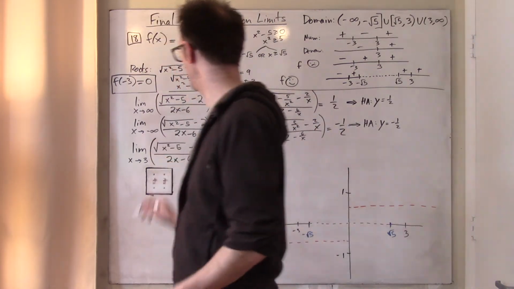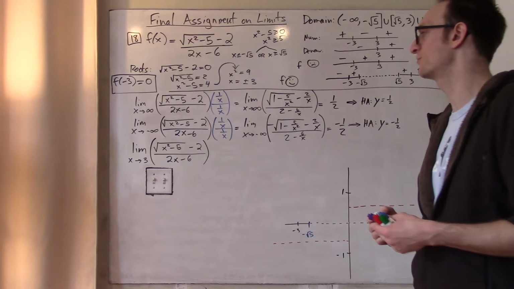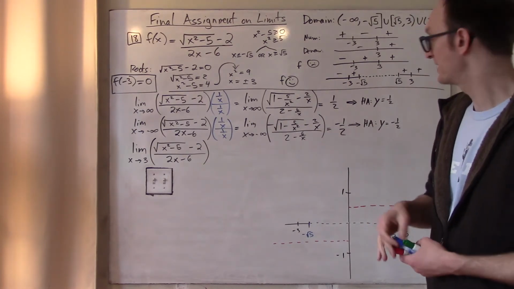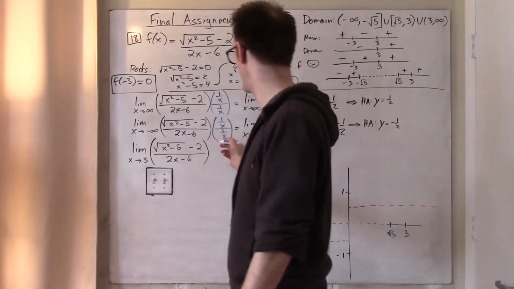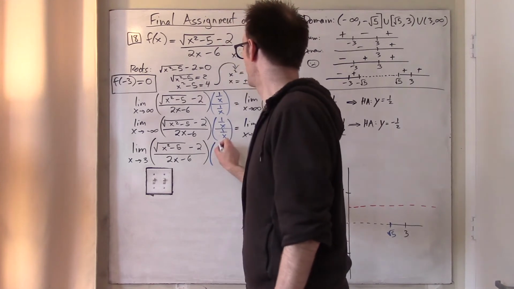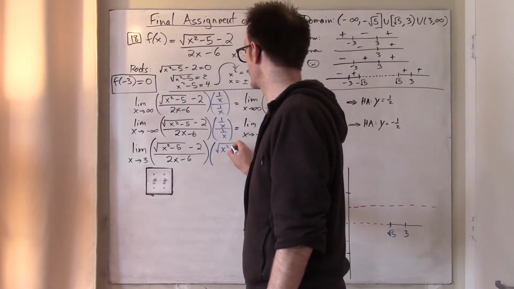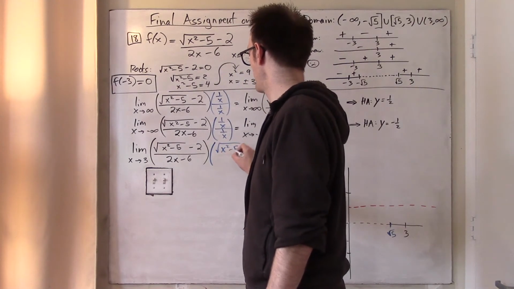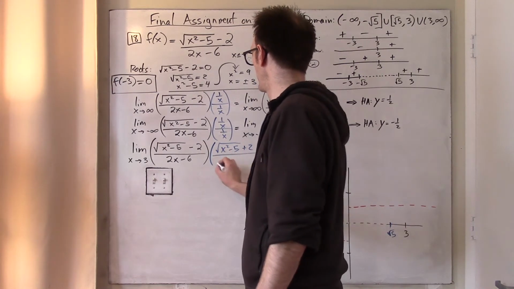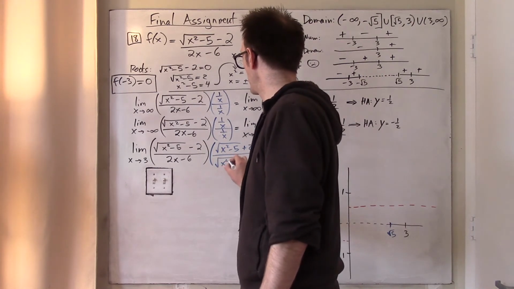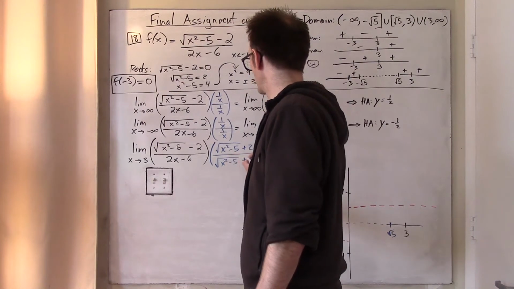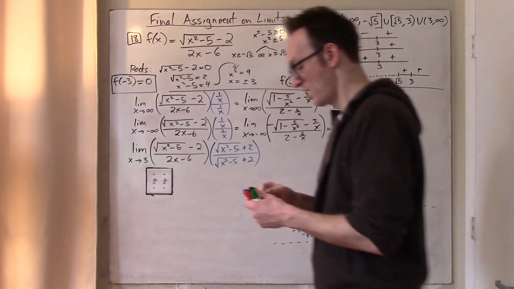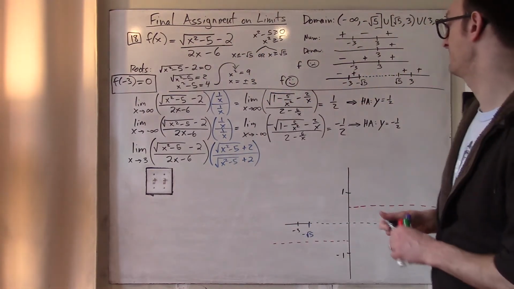Answer, when it's indeterminate 0 over 0, we need to multiply by the conjugate. And so we're just going to do that now. Going to multiply by root x squared minus 5 plus 2 over root x squared minus 5 plus 2. And now, what do we get? I don't know.